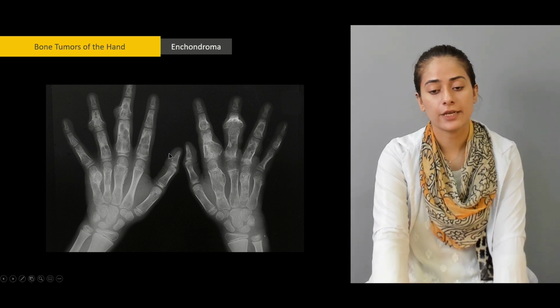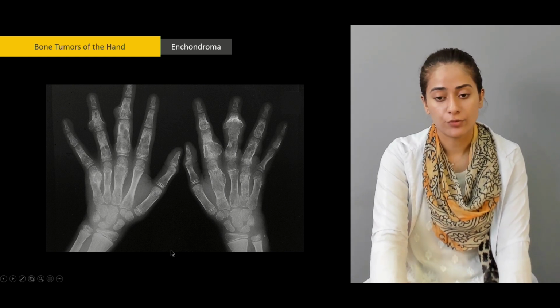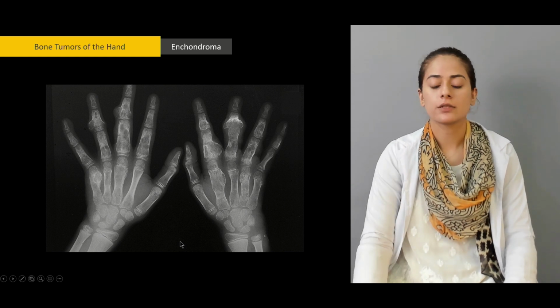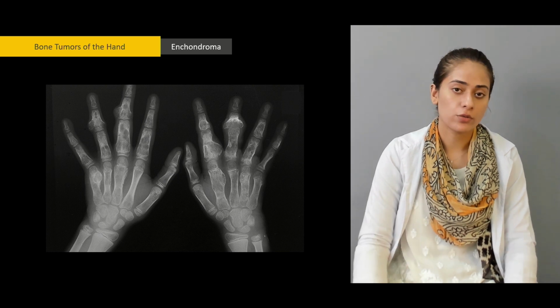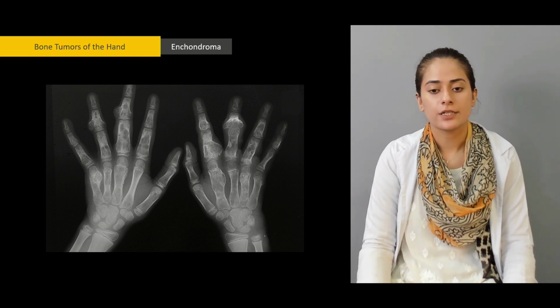So this actually is a radiograph of a young child. Remember, endochondroma or any type of cancer has no age limit, so it can develop anytime.